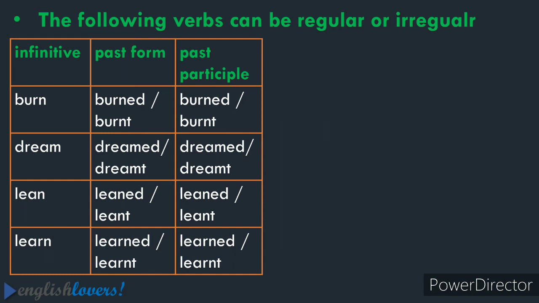Dream, dreamed, dreamed, regular. Dreamt, dreamt, irregular. Lean, leaned, leaned, regular. Lean, leant, leant, irregular. Learn, learned, learned, or learnt, learnt. When you say learned, it is regular. When you say learnt, it is irregular.